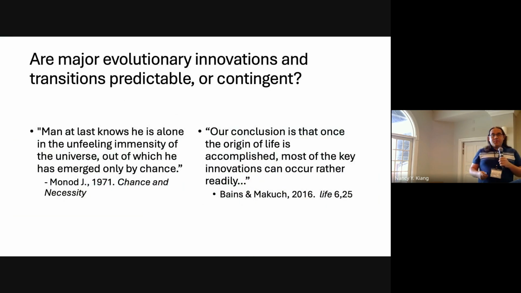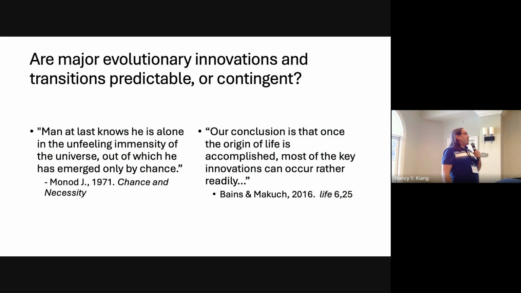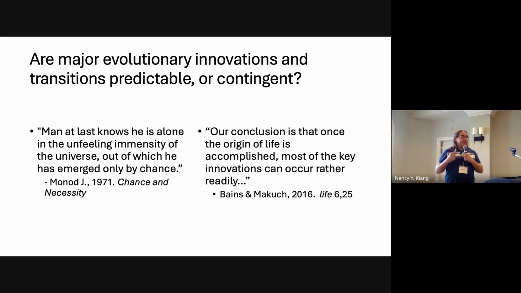What got me interested in this topic was just a big question, not just a photosynthetic question: are major evolutionary innovations and transitions predictable, or are they super unpredictable and contingent? Different people have come to wildly different conclusions with respect to this.